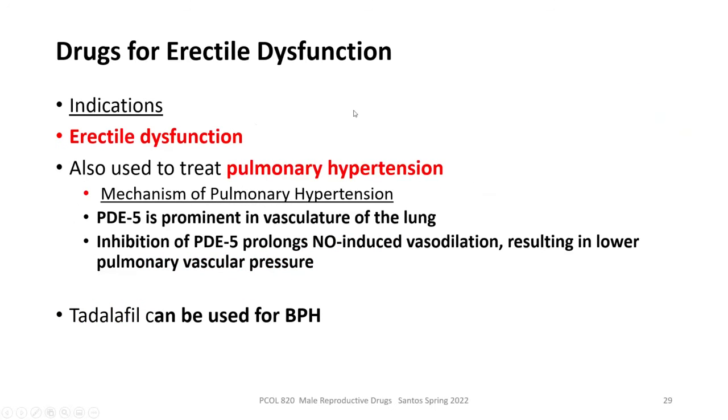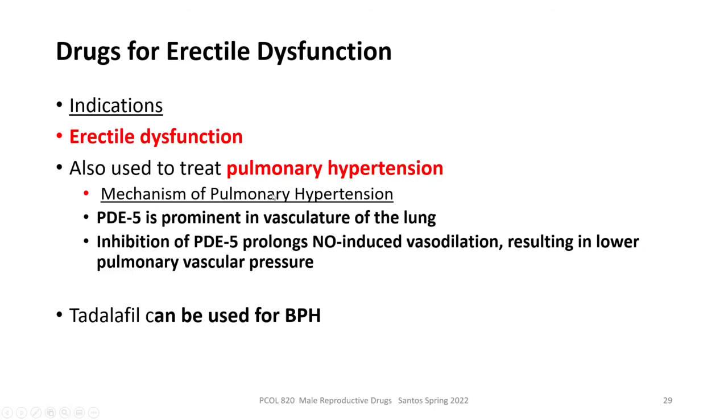Indications: erectile dysfunction. They are also used to treat pulmonary hypertension, and the rationale behind that is that phosphodiesterase 5 is prominent in the vasculature of the lung. So the same effect that we saw in terms of relaxation of the smooth muscle of the vessel, you will also see in the pulmonary vasculature, and that will result in a lower pulmonary vascular pressure.